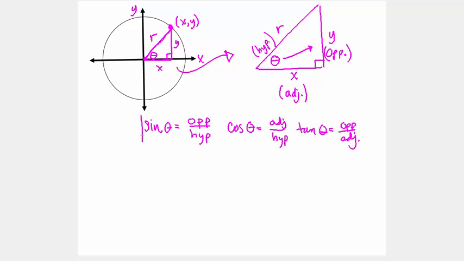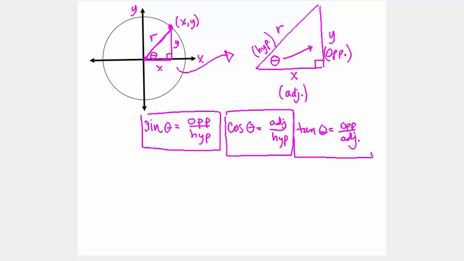So these 3 verbally described ratios are how we are going to define sine, cosine, and tangent in this new way. And again, the whole point here is that these work whether this is a unit circle or not, and so we can automatically find sine and cosine and tangent of this angle theta, this central angle.